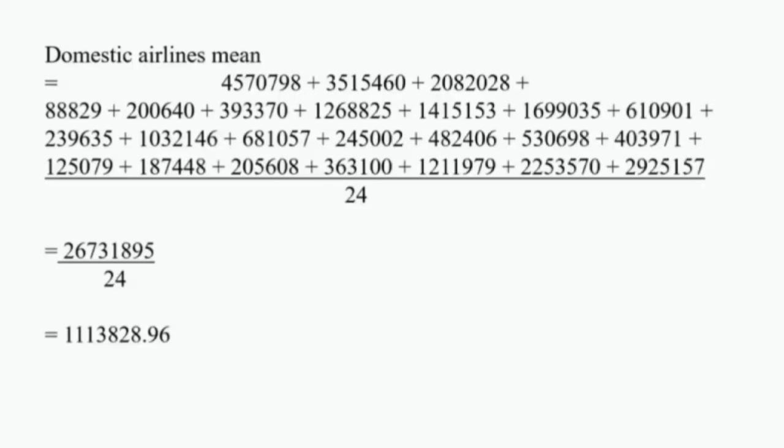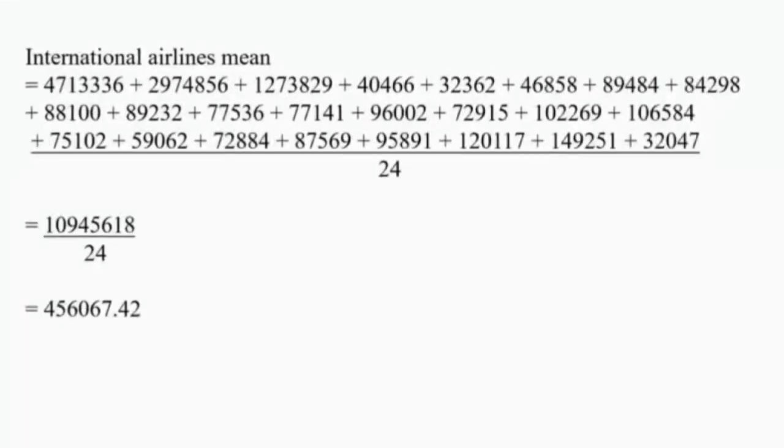For the domestic airlines, we will add all the 24 values of the airlines and divide by 24 to find the average value, and we will get the mean for domestic airlines, which is 1,113,828.96.